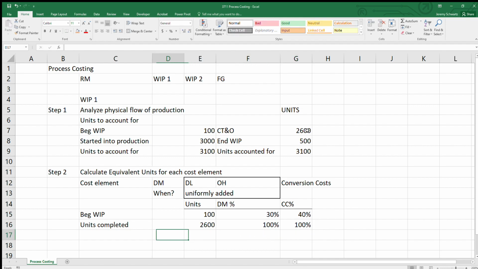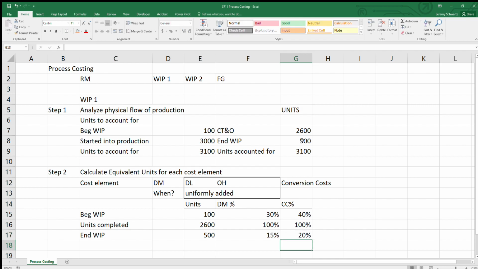And then for units in ending work in process, we have our ending work in process here, and our units would be 500. The degree of completion here, we have 15% and 20%.